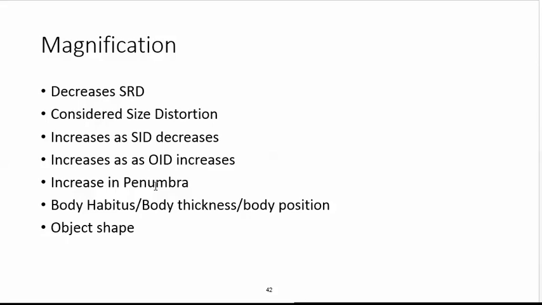I did touch on something the last time we saw this slide, and that was exam type. There are certain exam types that you cannot get minimum OID for, lateral C-spine being an example. In order to visualize C7-T1, you're going to have to put the image receptor down past the upper portion of the patient's shoulder, which is going to elevate the spine itself away from the image receptor.